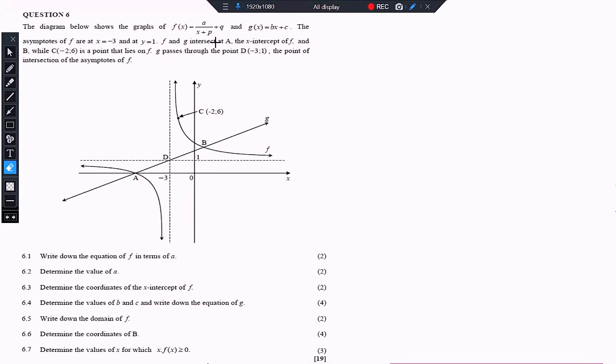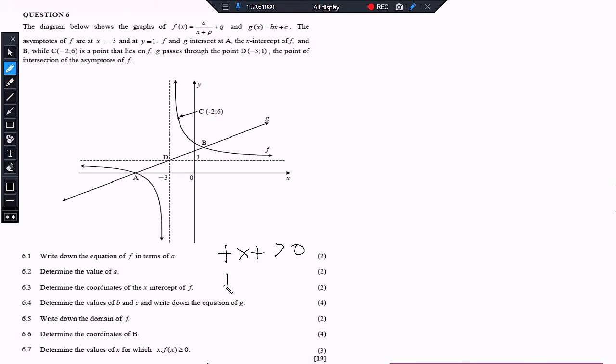Then 6.7 says determine the values of x for which x times f of x is greater than or equal to 0. Now, this is also a question where most of the learners fail because they cannot interpret it and understand what it is actually looking for. So basically, this goes back to the fact that if you have a positive times a positive, it will always give you a value that is greater than 0, right?